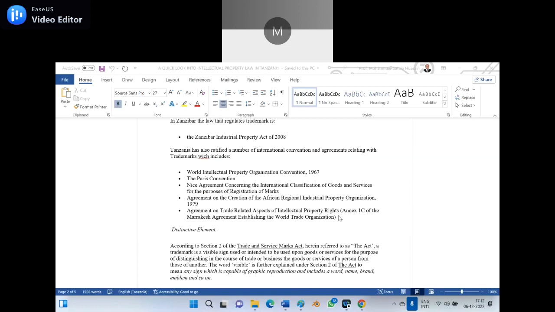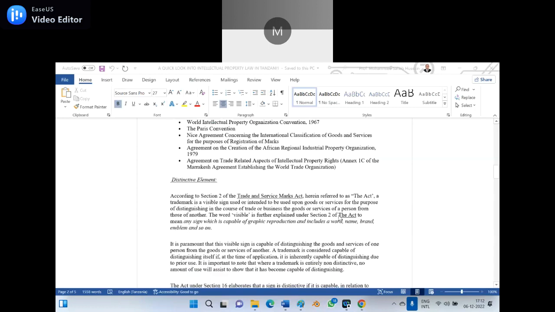The last is the agreement on trade-related aspects of intellectual property rights, that is Annex 1C of the Marrakesh Agreement establishing the World Trade Organization. So these are the different international conventions.